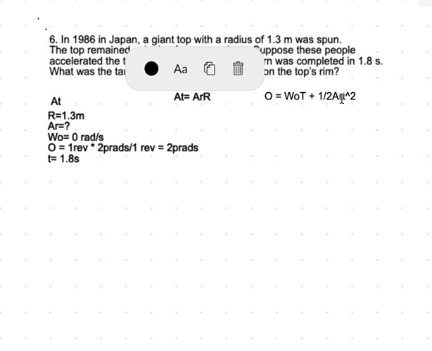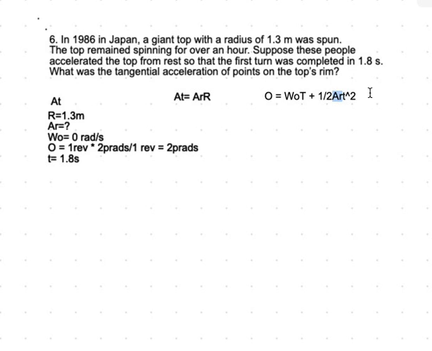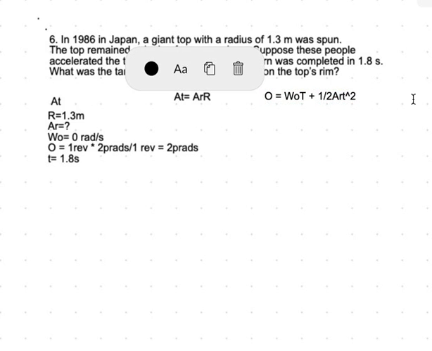Okay, so again, I'm trying to solve for this angular acceleration, so I need to rearrange that formula in order to solve for AR. So I start with theta minus the initial speed times time is equal to 1/2 acceleration times time squared. Okay, then I'm going to cancel the half out on both sides.